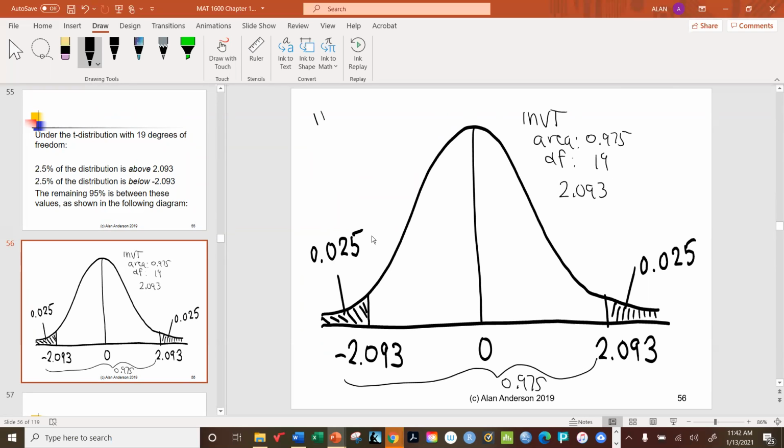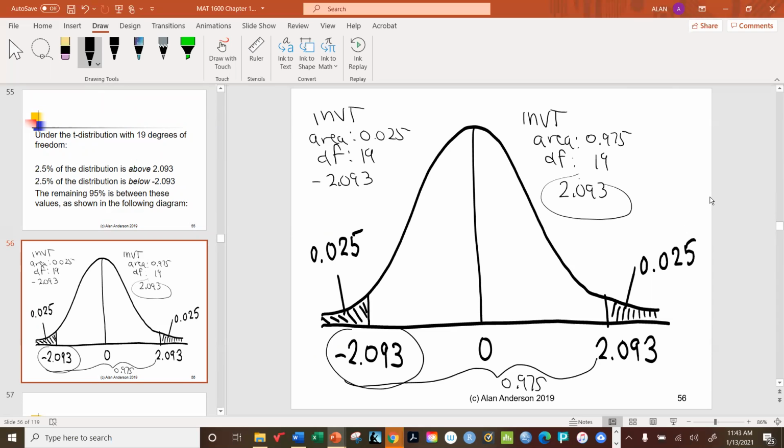If you change this to 0.025, that's going to give you the negative of this. So you don't have to actually do this twice, because once you get this 2.093, it should be clear that for the lower tail you just make this negative, because the t distribution is symmetrical, just as is the standard normal.